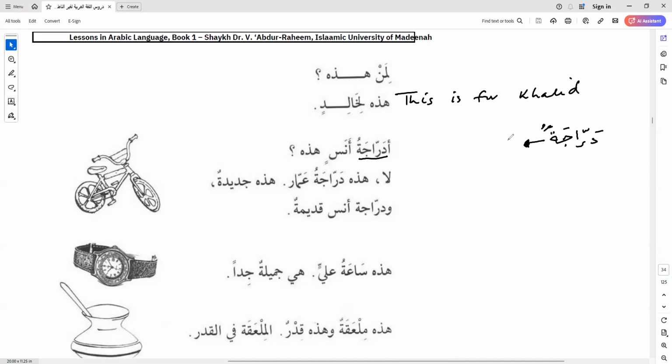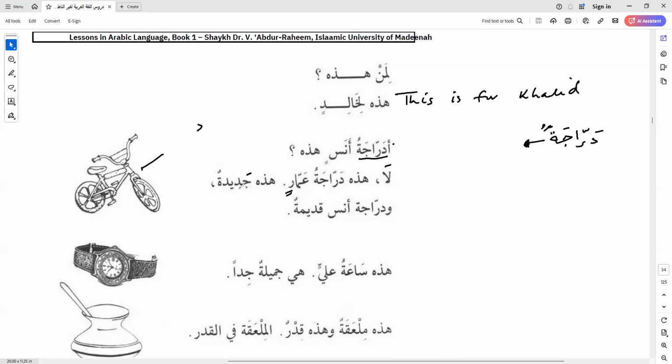So here I can say for sure, daraja is a bicycle, as you can see here. أدراجة أنس هذه? Remember, أ is for questioning. Is this Anas's bicycle? La. No. هذه دراجة عمار. This bicycle belongs to Ammar.